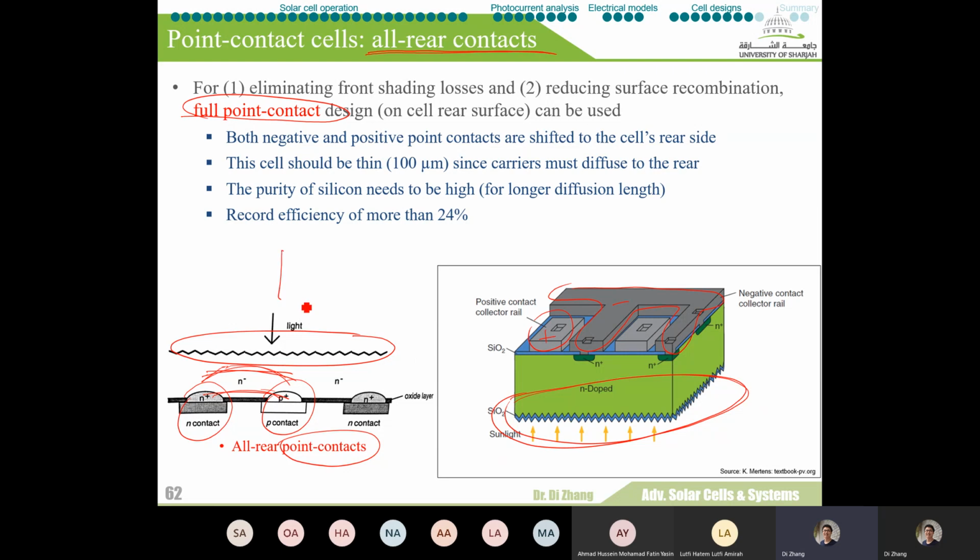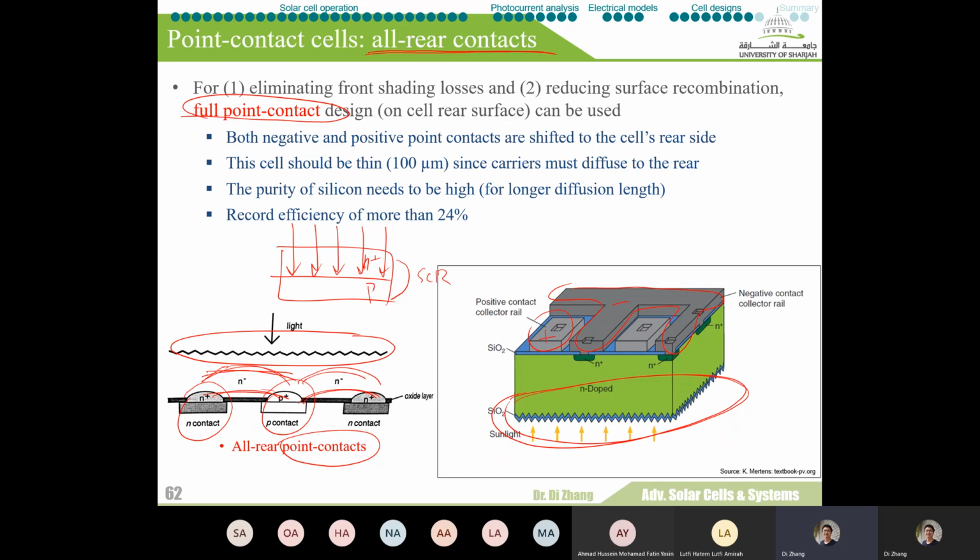In a typical solar cell, we have the N plus emitter, we have the P base, and the light is incident vertically like this, and our space charge region is in a vertical arrangement. But in this case, our PN junction is located horizontally between the point contacts.